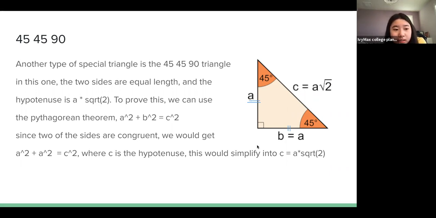And also the hypotenuse is a square root of 2 times a. If you use a squared plus b squared equals c squared, you should find a side if you are missing one. Make sure you write down this formula since it's really important.